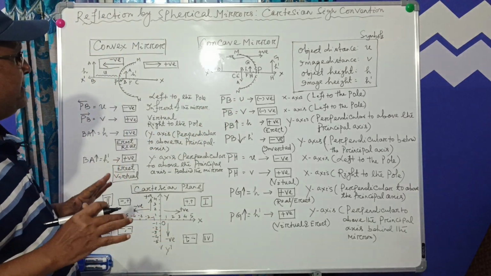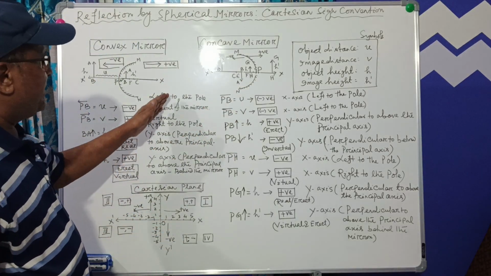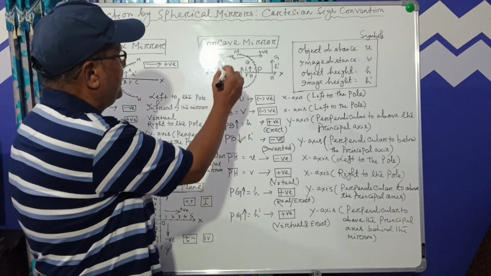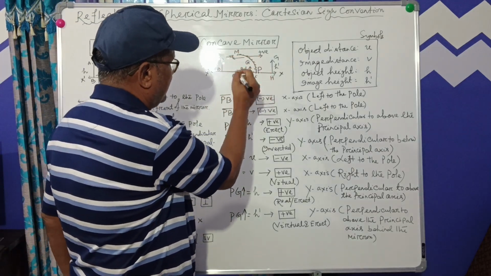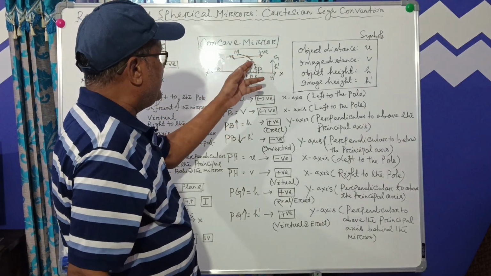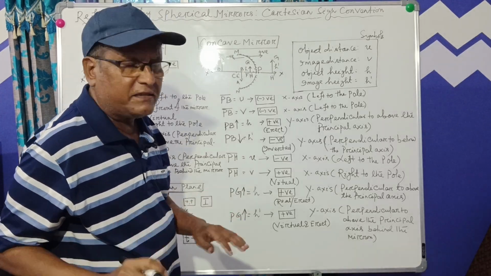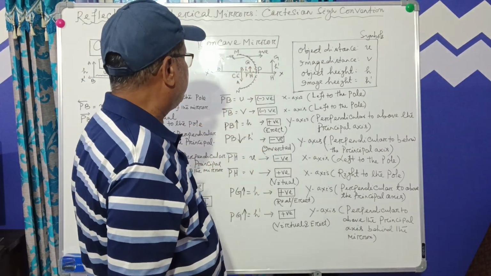Let me explain one by one. MN is a concave mirror. The inward surface here acts as the reflecting surface.